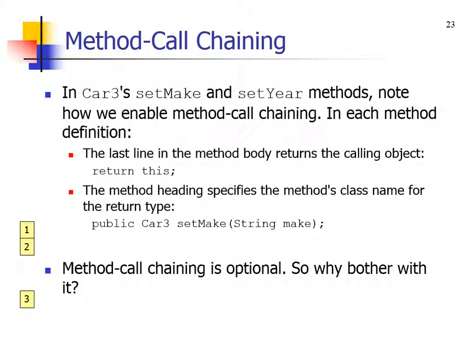All right. Car 3, the next method. It's set make and year. Note that we've enabled the method call chaining for this particular method. But when we do that, we have to return this instance, right? So y'all saw that in the previous one, we had to return that variable back. So if I did public Car 3 set make to string make, even though method chaining is optional, why would we use it?